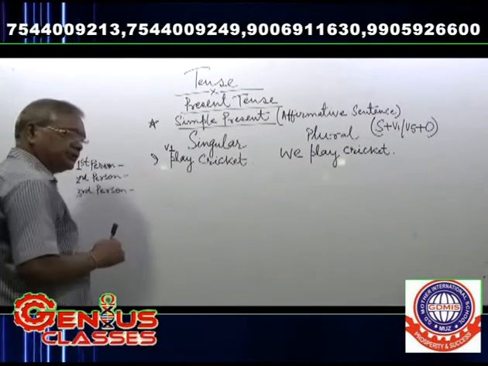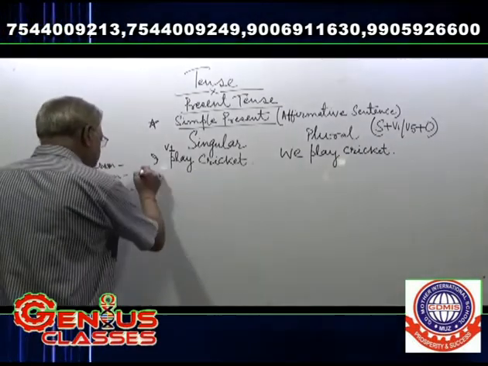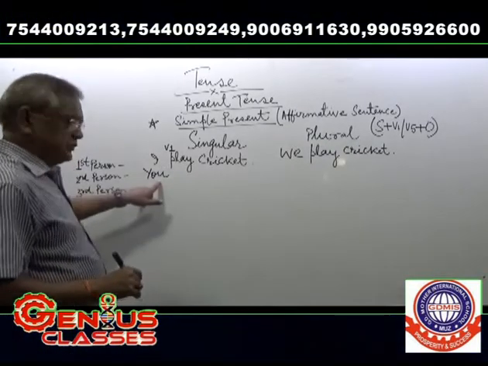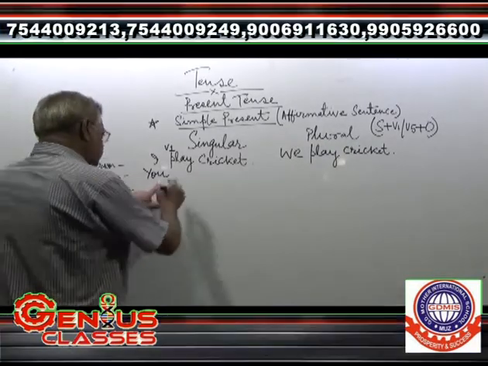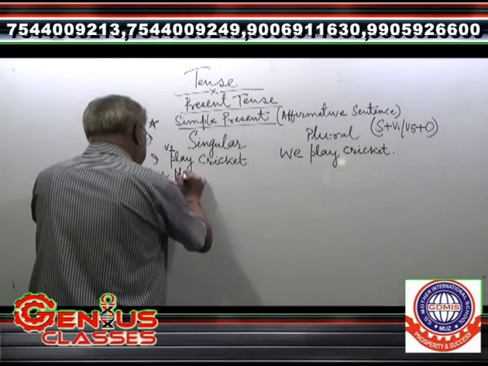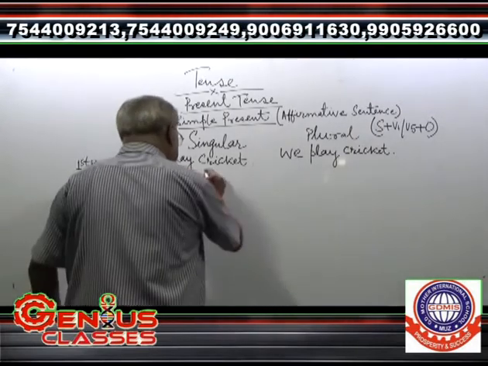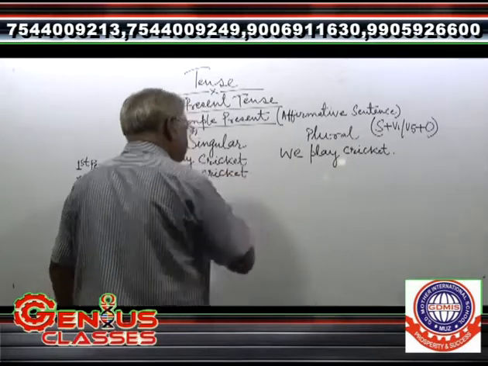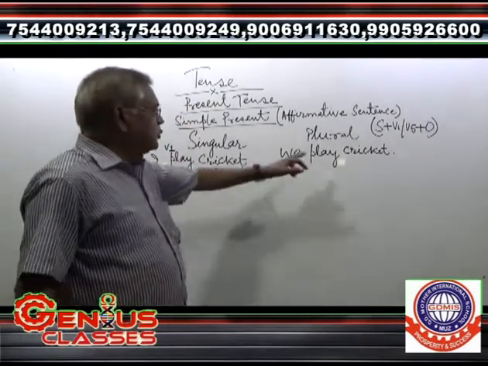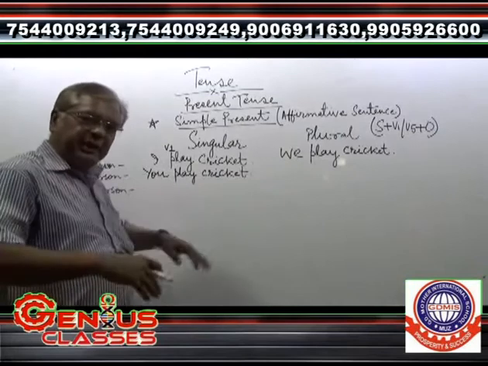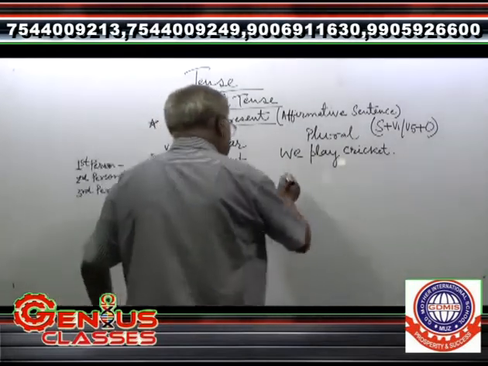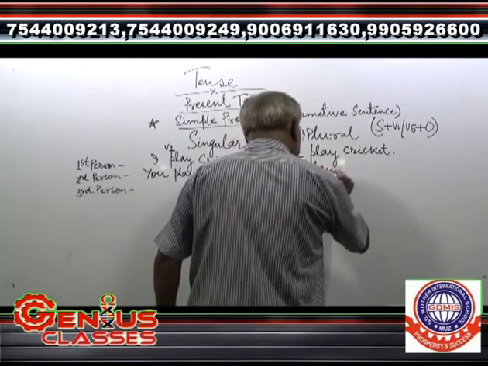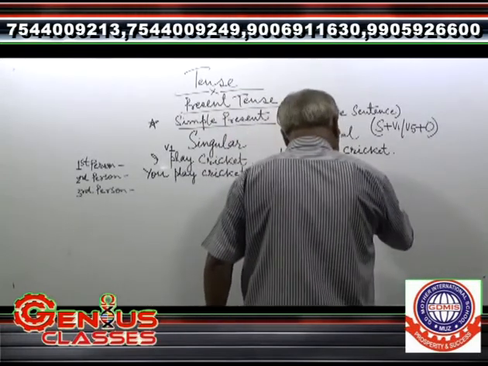Now the second person. For the second person, you is used as the subject, and along with you, V1 is used. You play cricket. And the plural of you remains the same. So you play cricket.